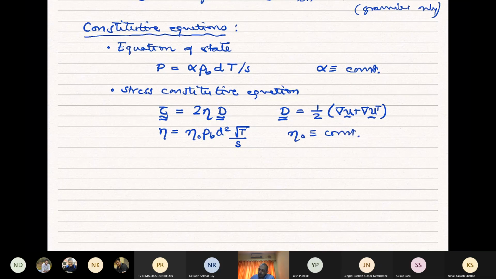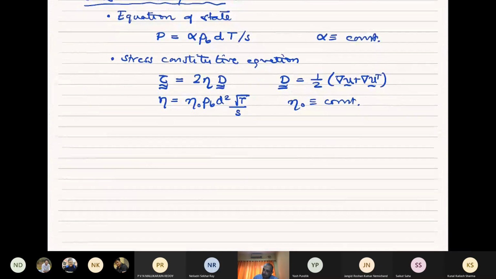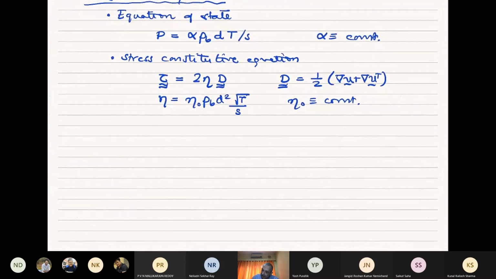So you can see, alpha and eta 0 are all dimensionless constants, and if you look at the dimensions of rho b times d squared into root of T by S, you will see that this has units of viscosity. Then the third constitutive equation is for conduction.